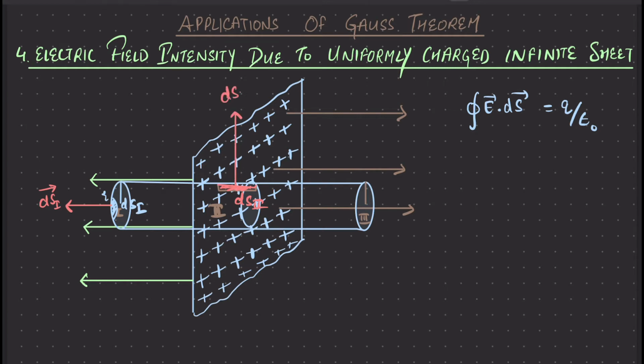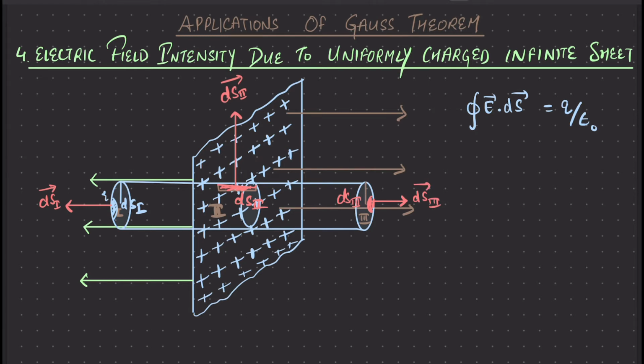So this is our ds2 vector, that is the area vector pointing in the upward direction. And similarly in the case of the third area we are having the ds3 surface, a small portion of the third surface, and its area vector will be a vector pointing away from ds3 and leaving the ds3 surface perpendicularly. So we are having ds3 vector.